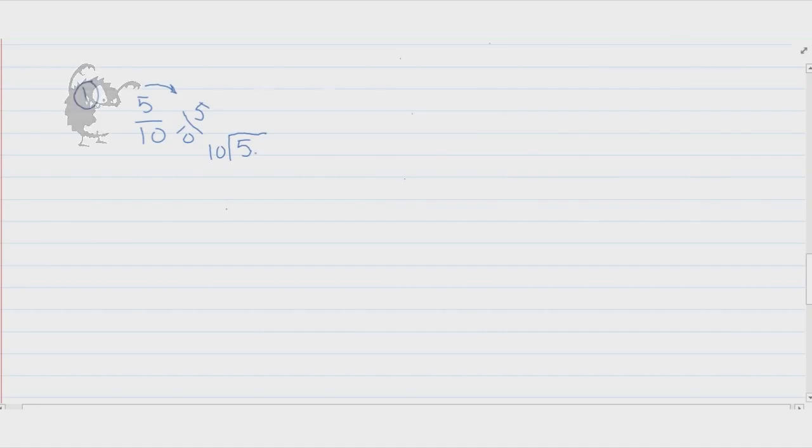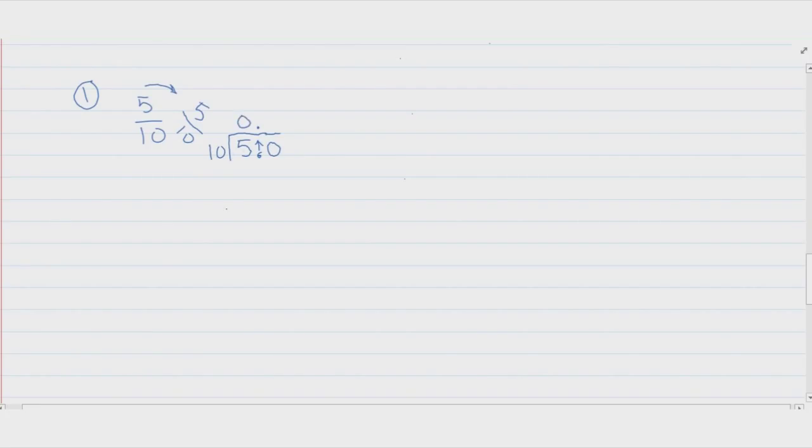Now when we look at this, you're already saying, wait a second, the 10's bigger than the 5. How can we divide? Well, you have to add a decimal. And after you add the decimal, you can start adding as many zeros as you want. On this problem, I think we only need 1 zero. Let's bring the decimal straight up. Now, we look at it. Can 10 go into 5?